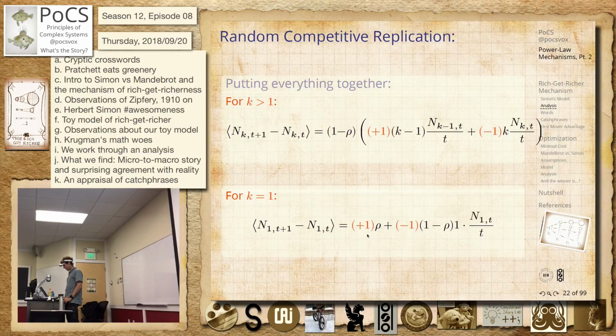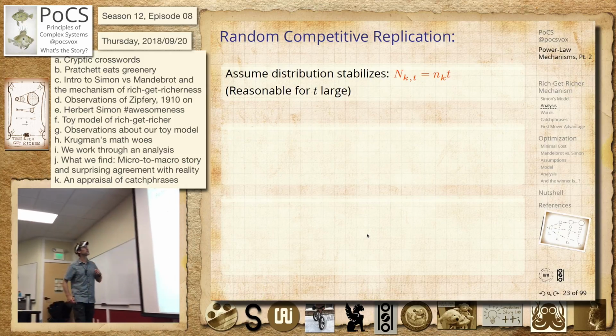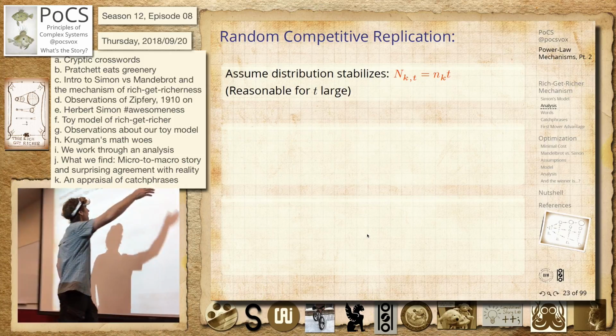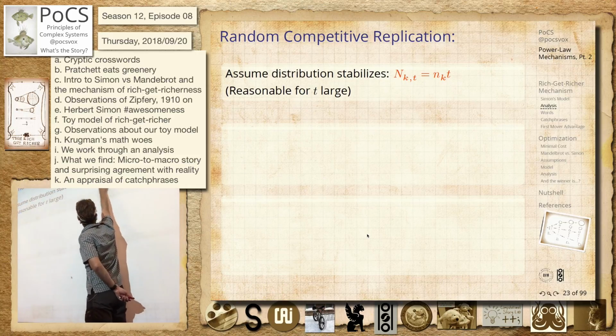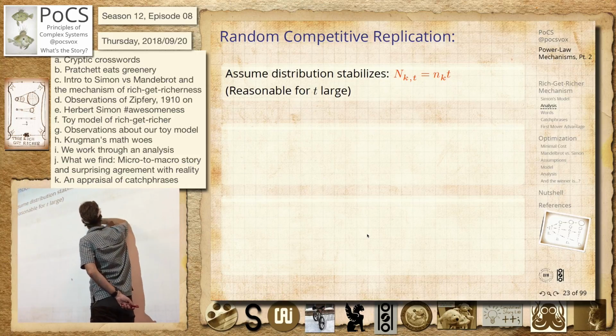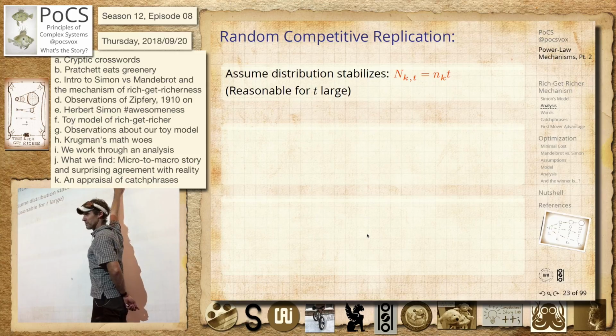Okay. Good, good. And then what are we going to do with this? We're going to assume a couple of pieces here. One is, if this works out, and we can check this later on, that as this thing grows, we get a distribution that's stabilizing in the sense that it's just some form multiplied by t.